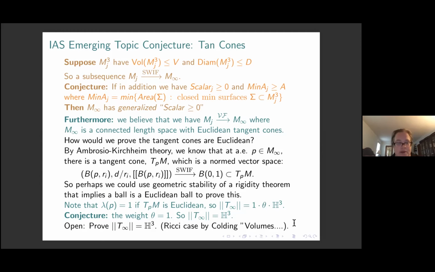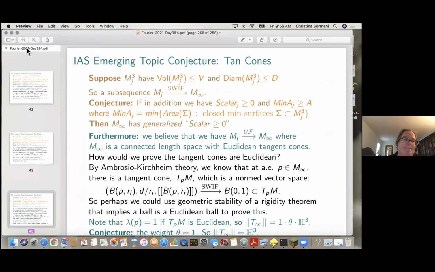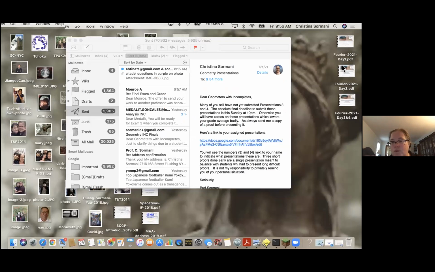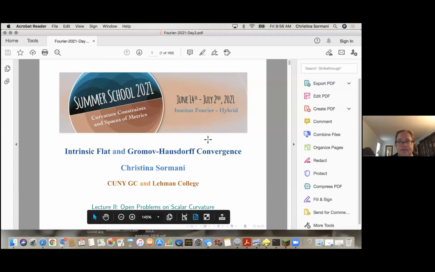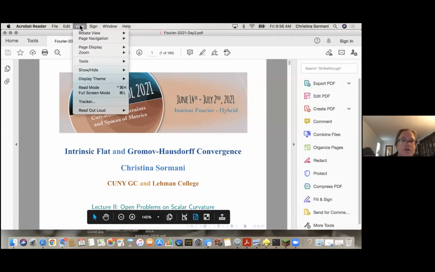Okay, so I'm going to bring up the images from lesson 2. Full screen mode.